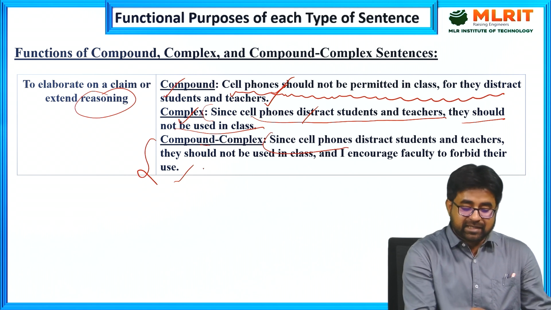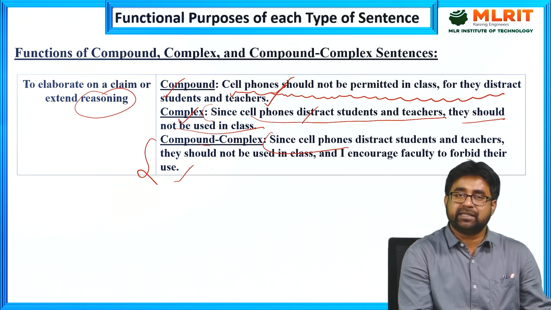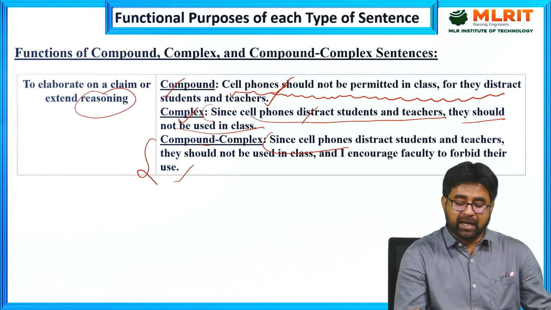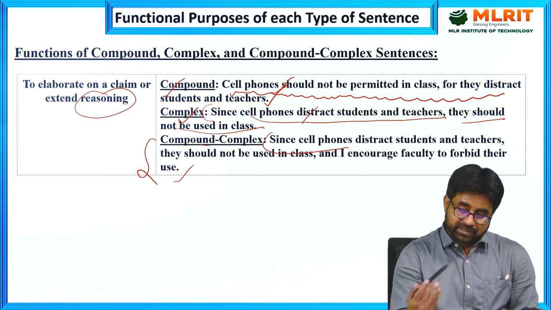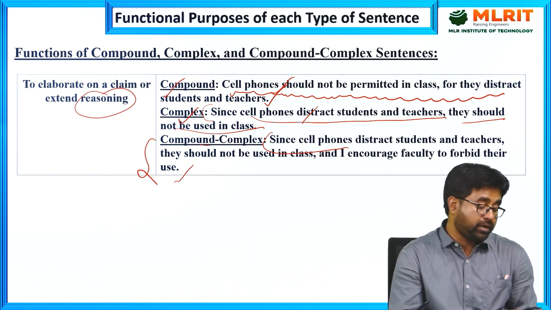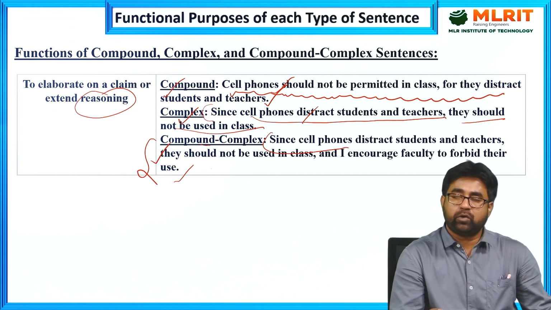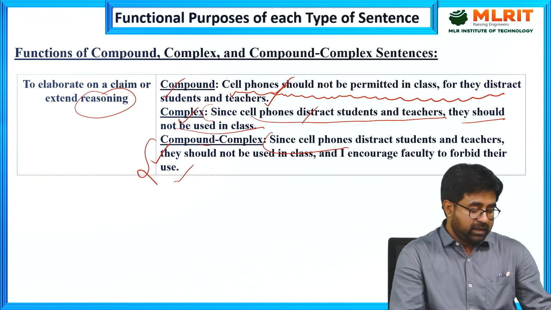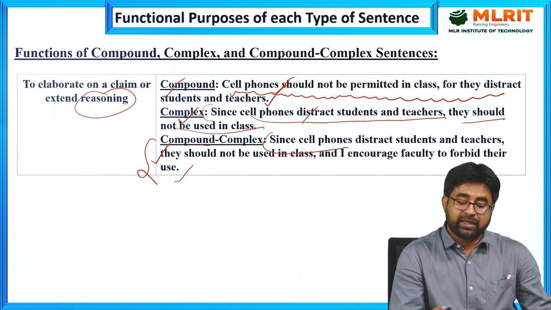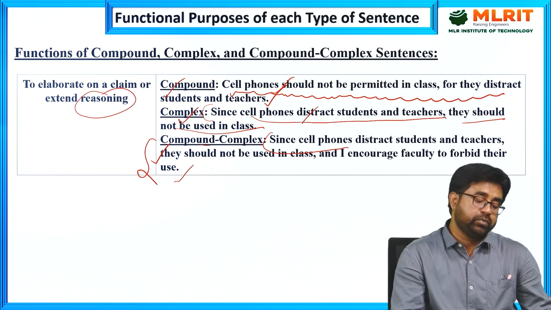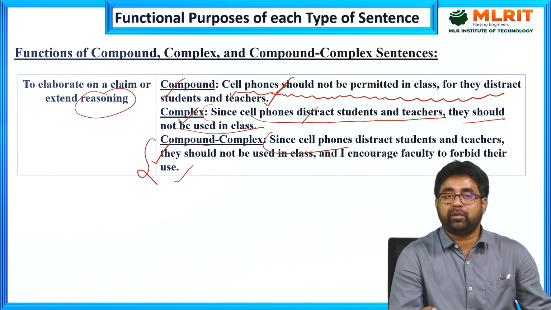But this particular sentence seems unnecessarily lengthy, and at times it can create confusion among readers or the audience. So that's why I said we normally should not be using it. Once in a while is fine when it is absolutely unavoidable, but otherwise we should avoid using compound complex sentences.